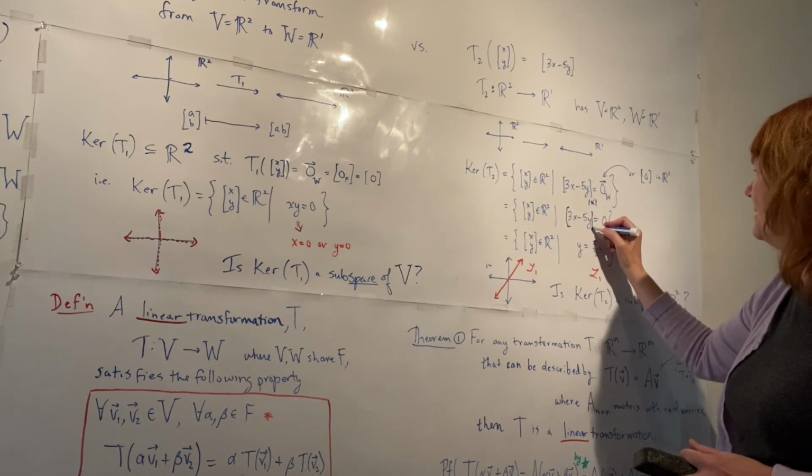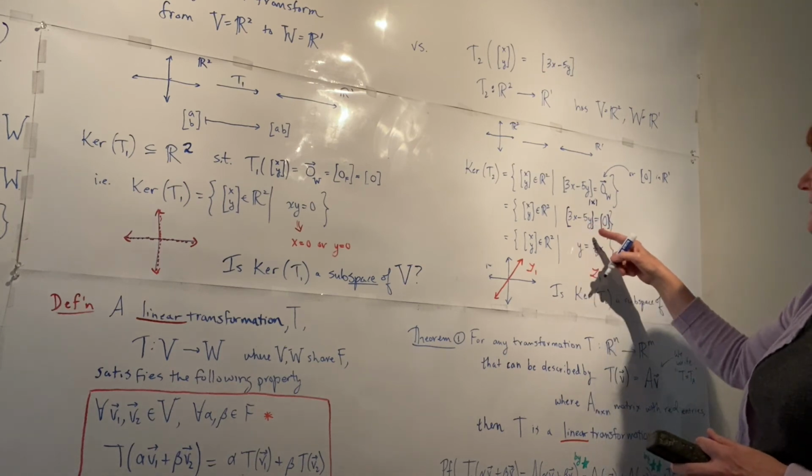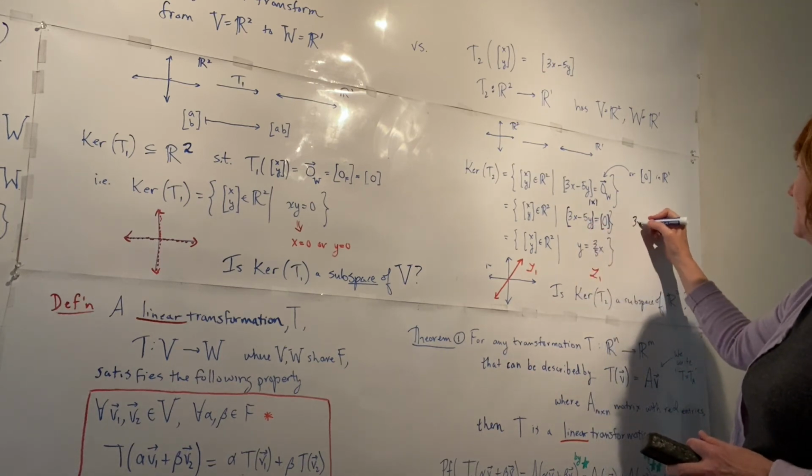It's the 1-by-1 that's equal to this 1-by-1. But that's another way of saying 3x minus 5y is equal to 0.